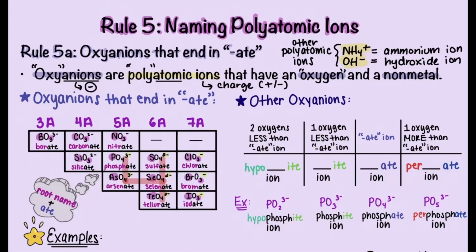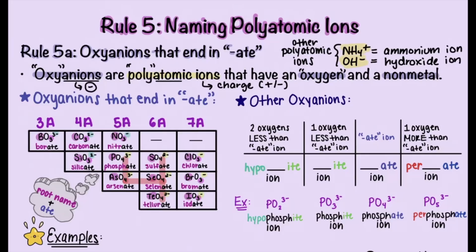And then the pattern resets starting from nitrate, so it has a -1, carbonate and silicate are -2, and borate is -3. So again, this is just a neat little memory trick to help you memorize your oxyanions, especially for my college students that have to memorize these for their exam. For those of you in high school, maybe your teacher gives you a cheat sheet, I don't know, so definitely double check with your teacher on what they actually give you for your exam.